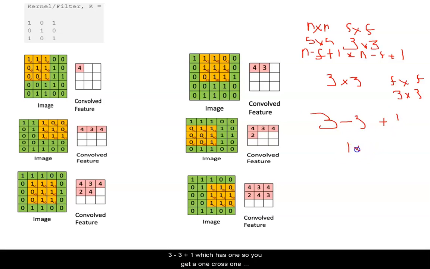So you get a 1 cross 1 image, a single pixel.